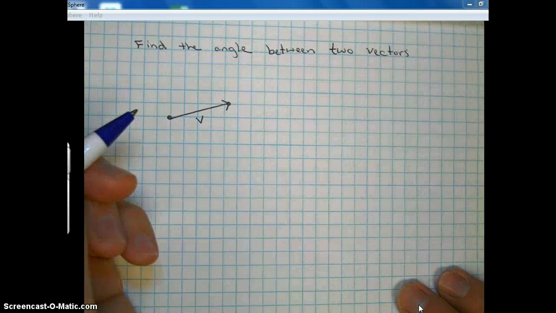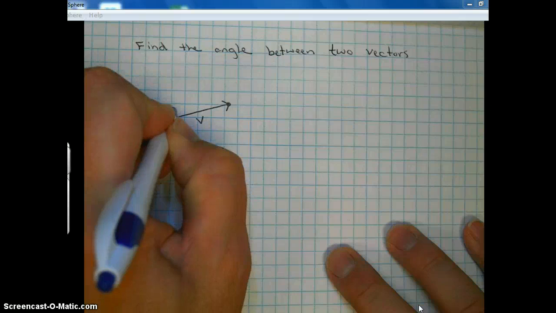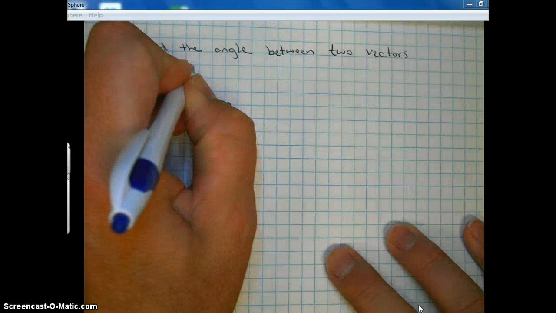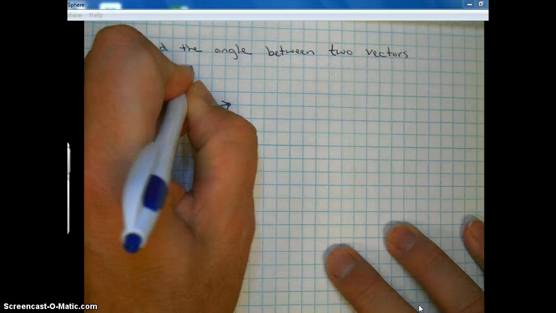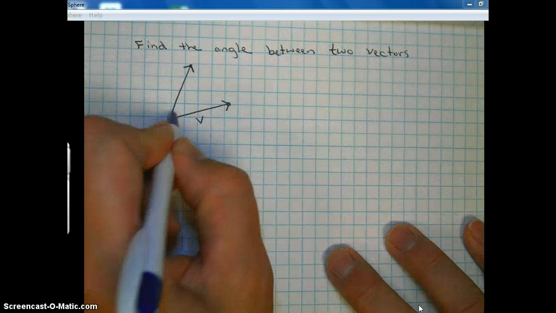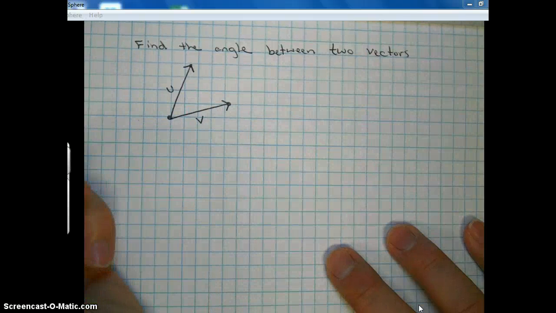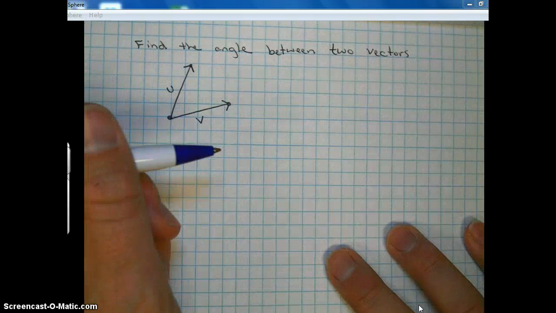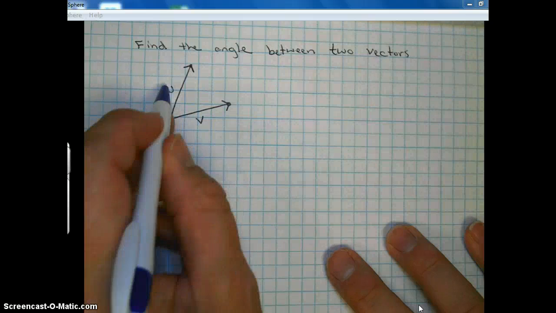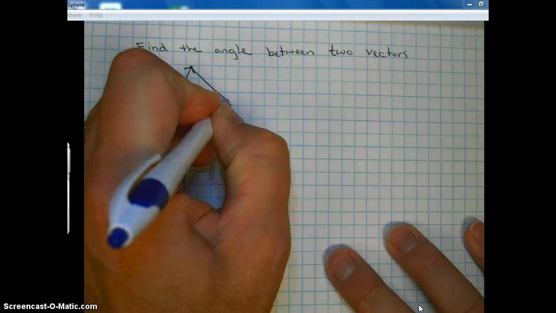And we have vector u, and it has the same initial point. So we have the initial point, we have the terminal point, and the initial points are the same for both of these vectors. And then we have vector u minus v. U minus v will give us this vector.